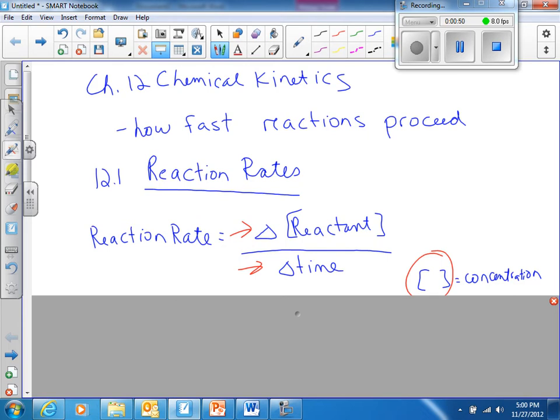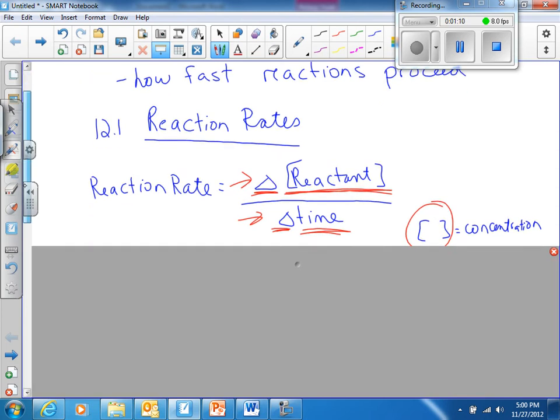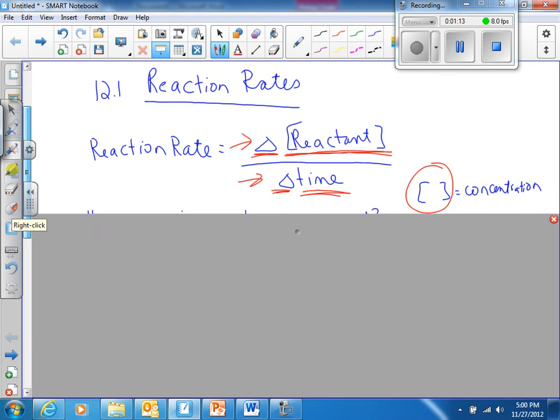So a reaction rate is the change in the reactant concentration over the change in time when we do an experiment where we measure the concentration over time for a certain reactant, and then we look at the change in the concentration over the change in time. I think I've said that 5 times now.